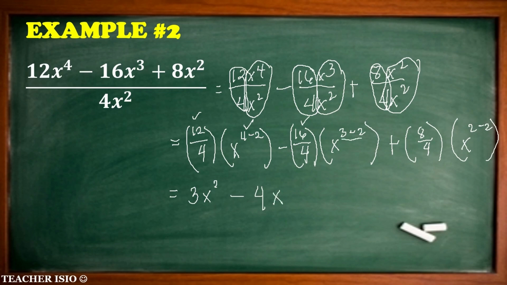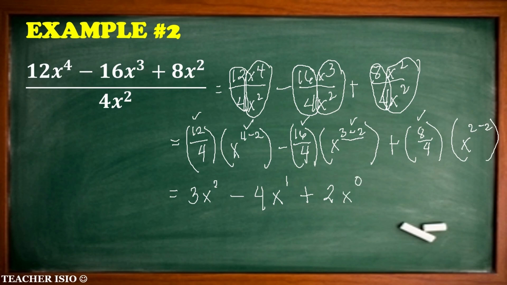What is 3 minus 2? We have 1. Let's continue. Copy the plus sign. Plus, what is 8 over 4? We have 2. Let's continue. How about 2 minus 2? We have 0. So, raised to 0.